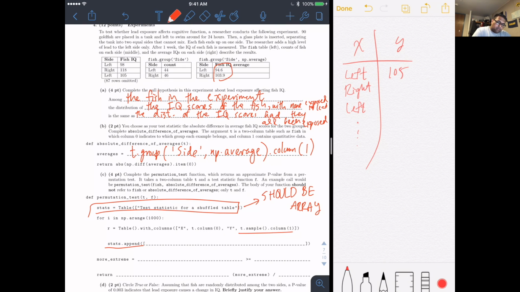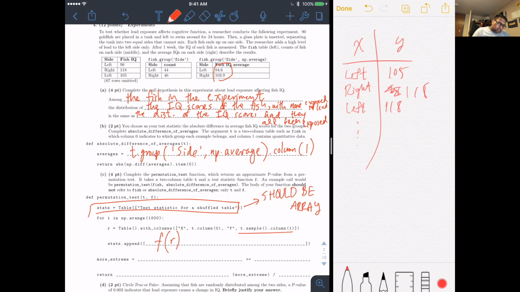So maybe we'll get like 105, 98, 118, who knows, right? Maybe this will be 118 as well, who knows. So this will be some sampled version, right? And now the statistic we want from that is just the absolute difference between the IQ of the fish on the left and the right. And that's where we go ahead and call this function f. Right, so we're going to append to stats this function f called on this resample table R. And now this stats array will keep track of all the differences, right?